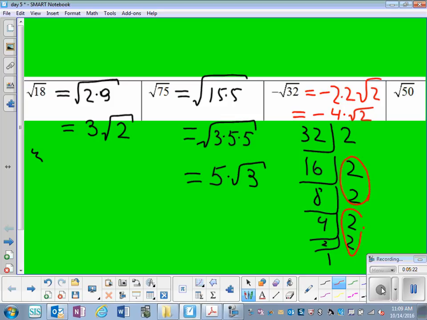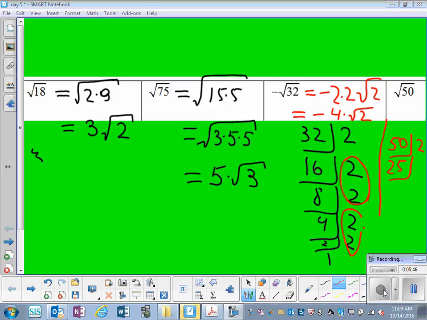50. Japan, do you have an answer? Not yet? Okay, let's do it together. Let's say I have 50. I can divide 50 by what's my number? By 2. What do I have left? 25, right?